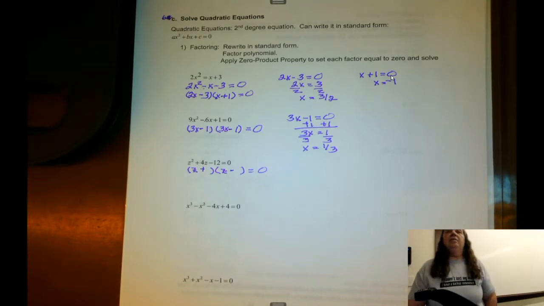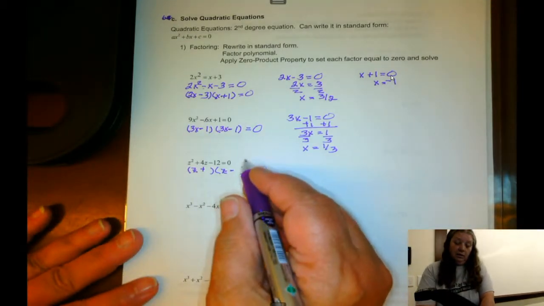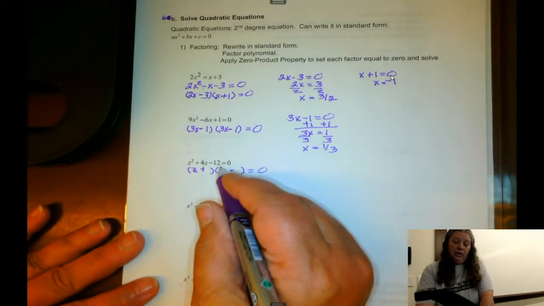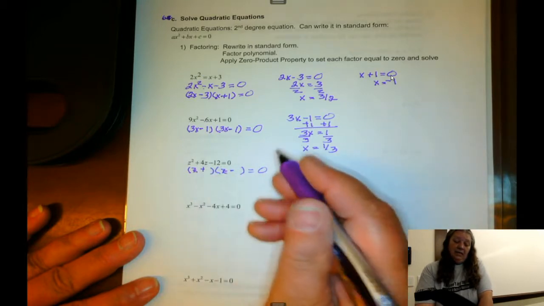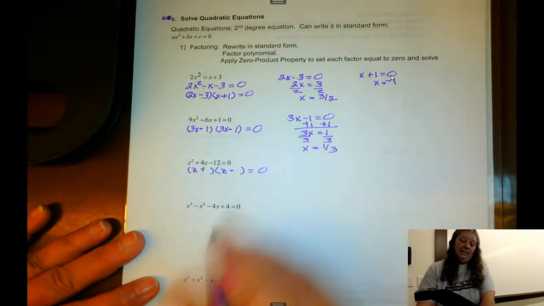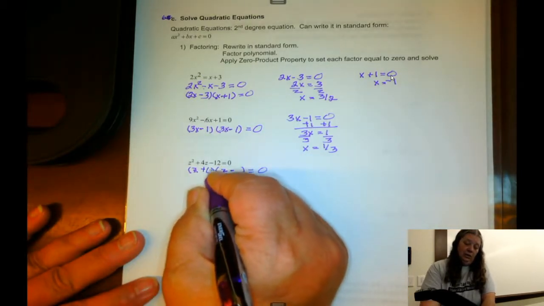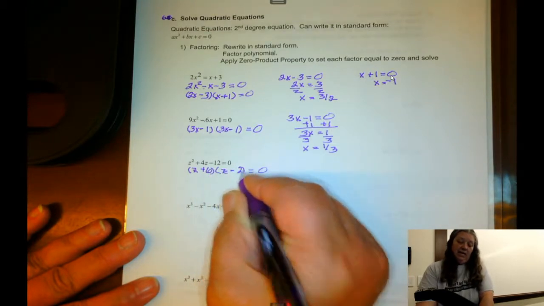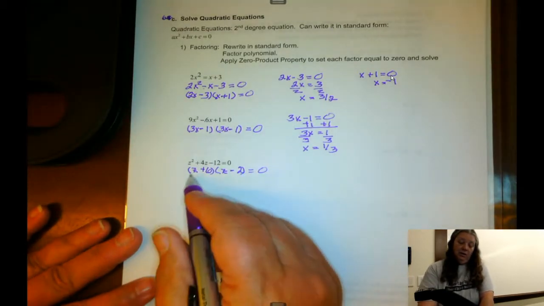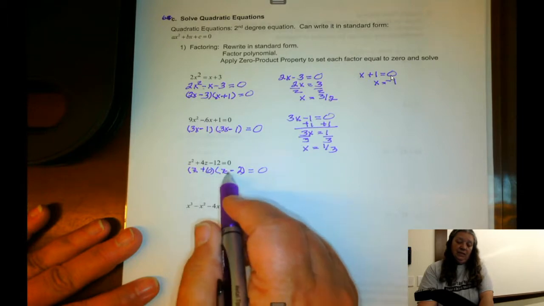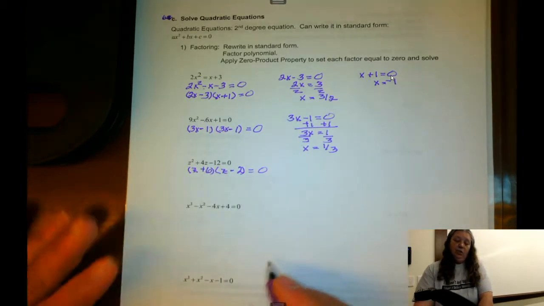We now need to find factors of negative 12, which when added gives us a positive 4. We could do 4 and 3, but that doesn't give us a positive 4. How about 6 and 2? We do a positive 6 and a negative 2. Negative 2z plus 6z gives us the 4z.